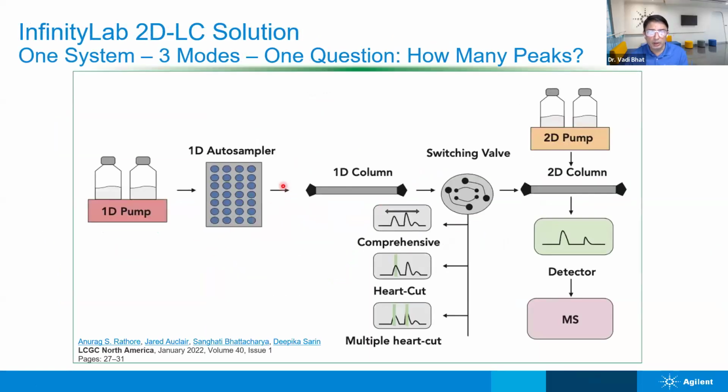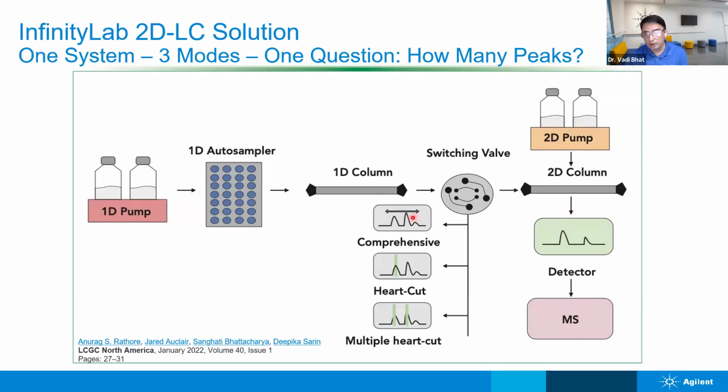Briefly talking about that, you are connecting one HPLC, that's the first dimension, with the second dimension HPLC, doing two different types of chemistry, and then ultimately you are sending the samples to your mass spec detector. It can be two detectors or three detectors.